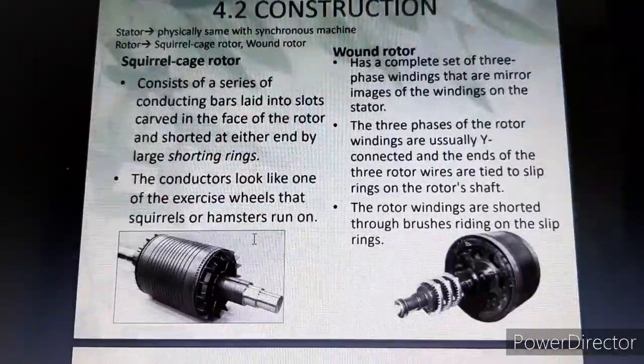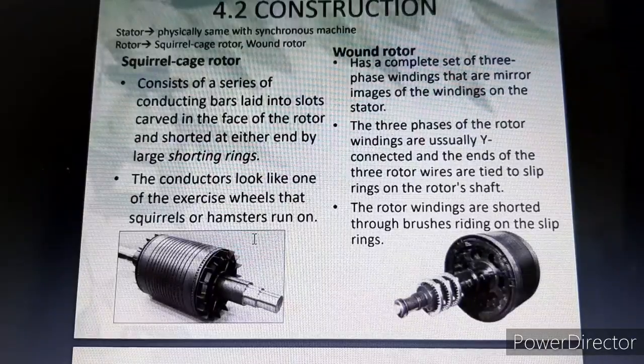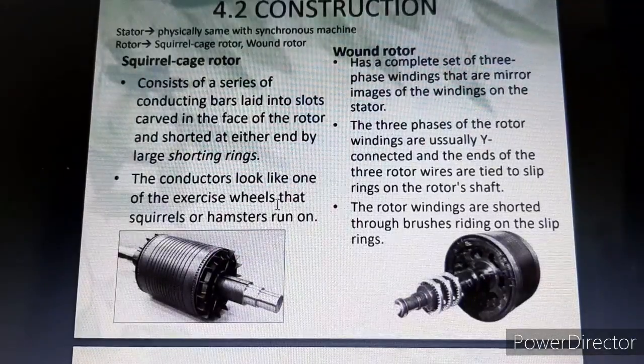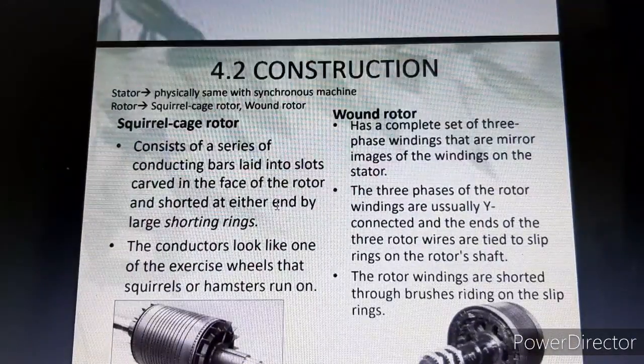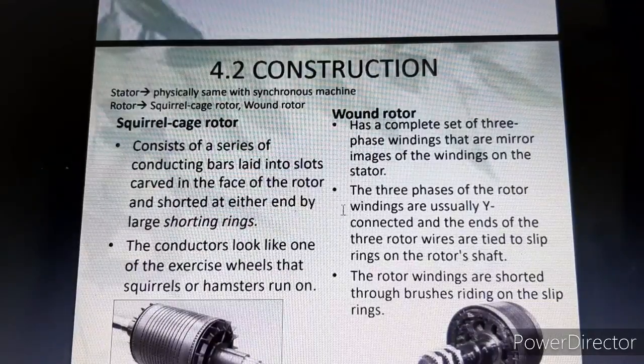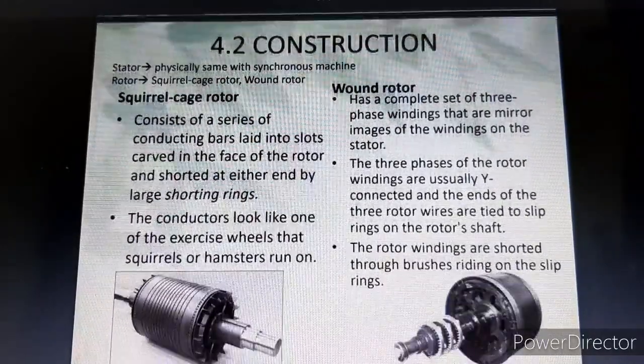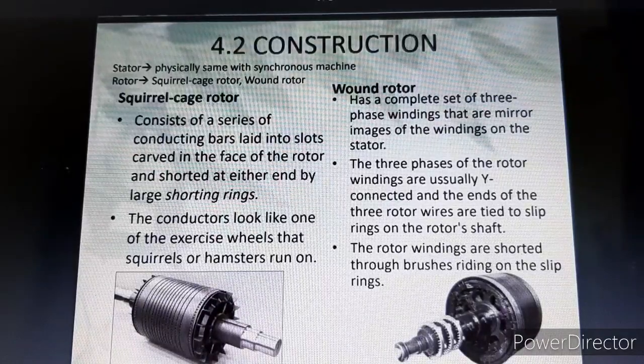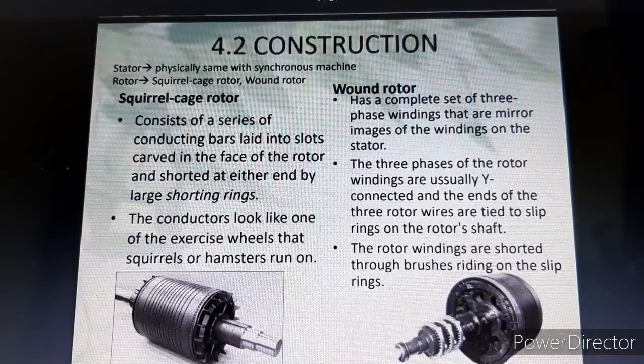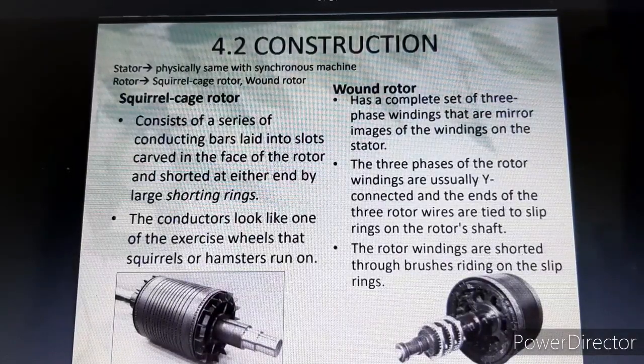In terms of construction, the highlight is on the types of rotor. As we know, in any machine, the two main parts are the rotor and the stator. The stator is the static part, while the rotor is the rotating part.